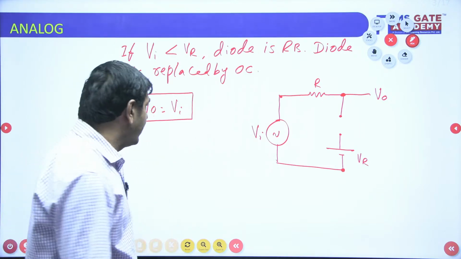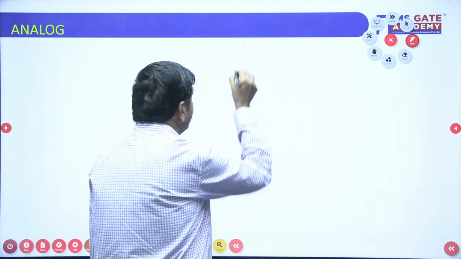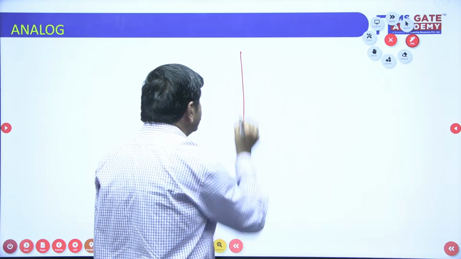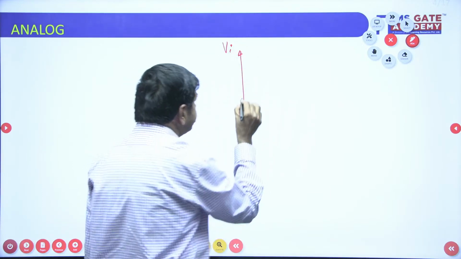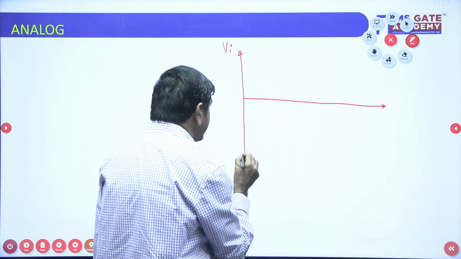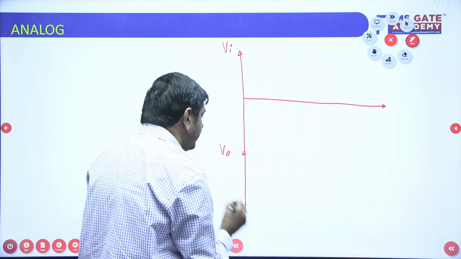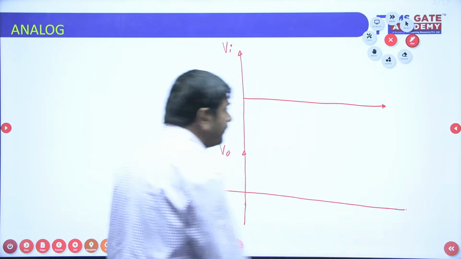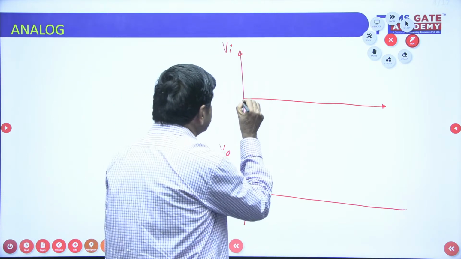Now I wish to draw the shape of the waveform, how it will be. This is the input, Vi. I want to get V0. This is V0. The Vi given here is a sinusoidal waveform.